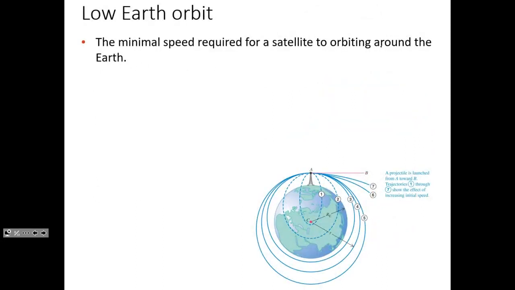So let's answer the question: what is the minimum speed required for you to have a satellite orbiting around the Earth? So we have the gravitational force has to equal the centripetal force, and the centripetal force is m v squared over r.